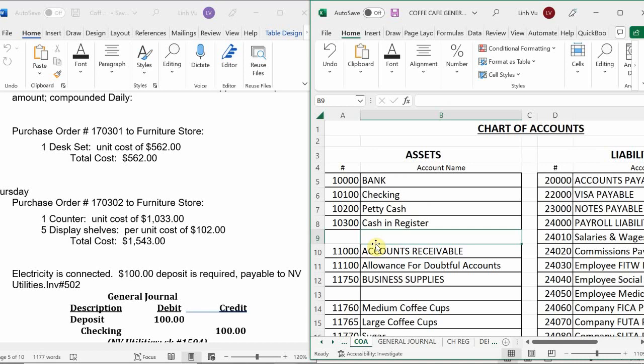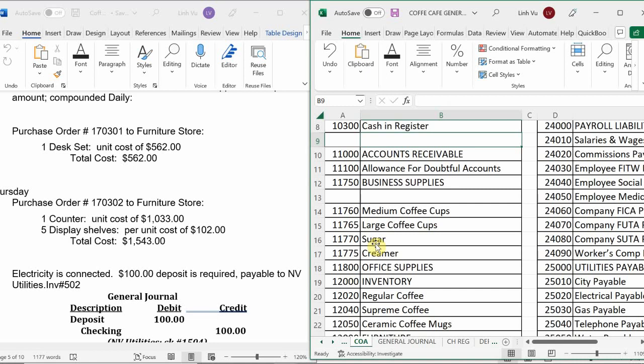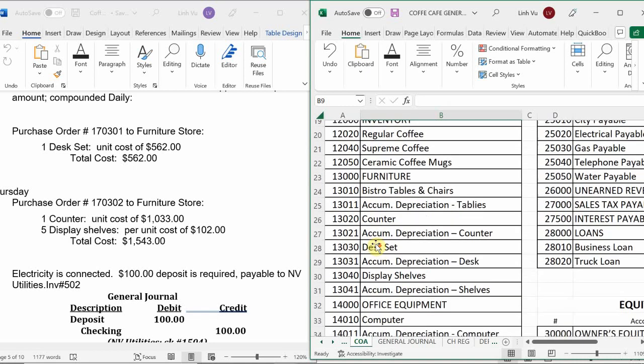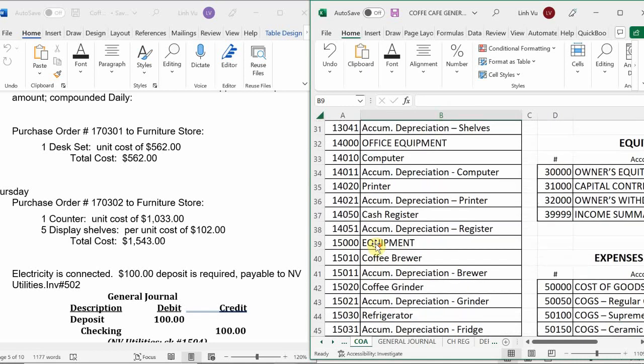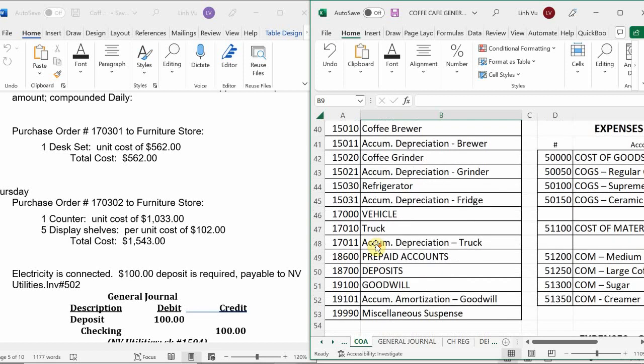So what am I buying or paying? You're paying for a deposit, but let me see. Where's the deposits at? Oh, it's deposits. Deposits, 18,700.